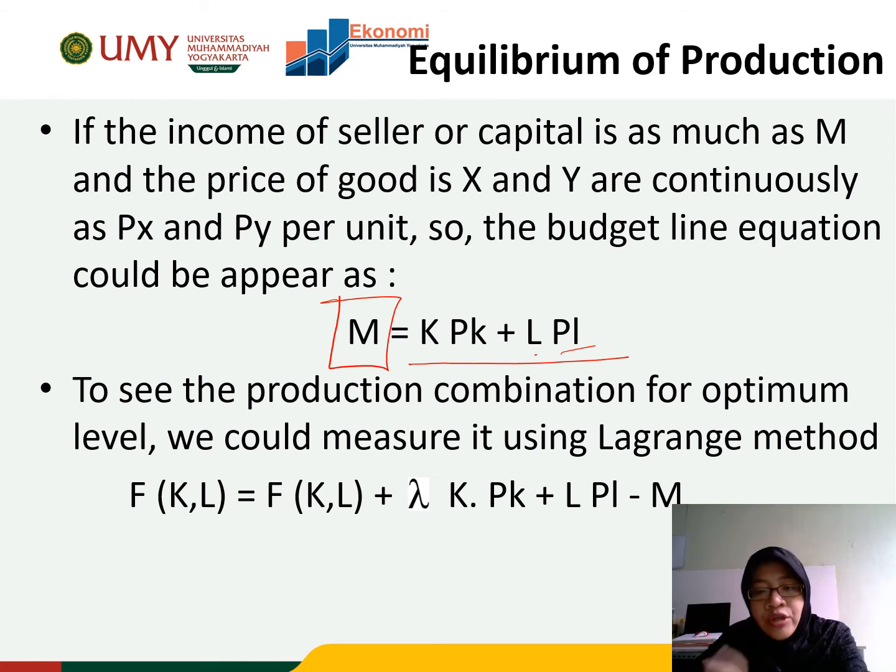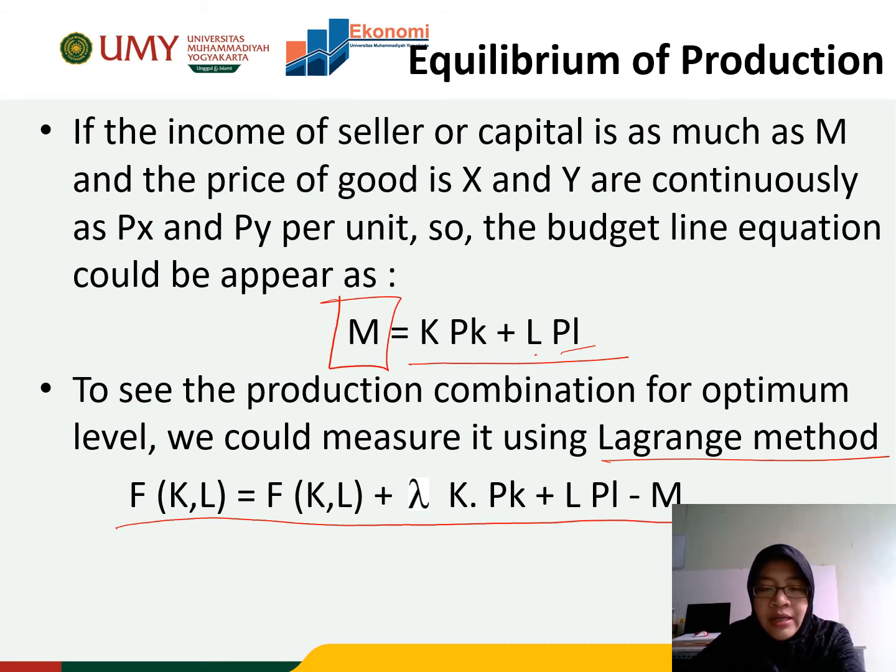To measure it, we have to use the Lagrange method. I hope you still remember it from mathematics, and also from previously with Mr. Fitra, right? You still remember the production function here. We have F plus lambda, the Lagrange multiplier, multiplied by the budget line equation or isocost equation. This is to measure the production combination for the optimum level.